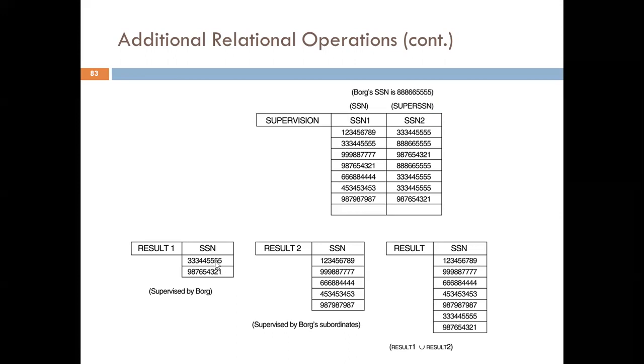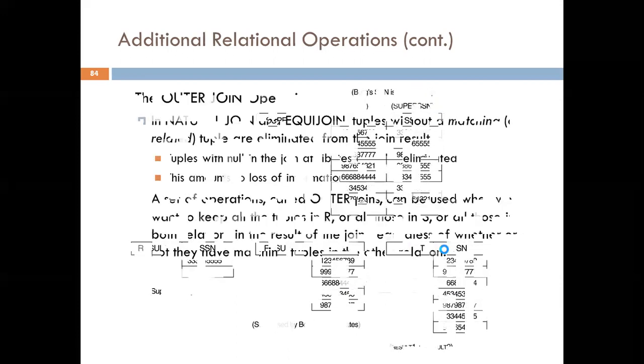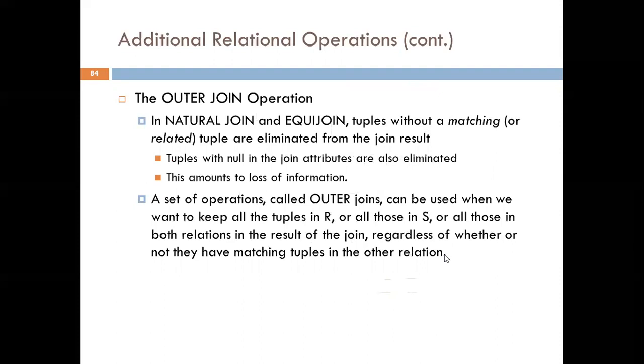Then these people are supervised by Borg's subordinates, and we can utilize the union. If we know the number of levels, then we can apply it and obtain the union. Otherwise, the recursive closure operation cannot be applied in relational algebra, but in SQL that feature is available.